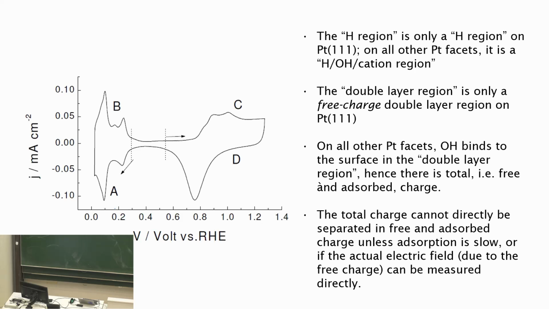From that, you would have to separate the charge that is used to make the adsorbate bond from the total charge, and that's not so easy. I'll show you an example later where this can be done, because you can then play with the time scales of adsorption and charging, but that's certainly not always possible. So you probably would have to start integrating this with other techniques that would allow you to measure this free charge in a different way.